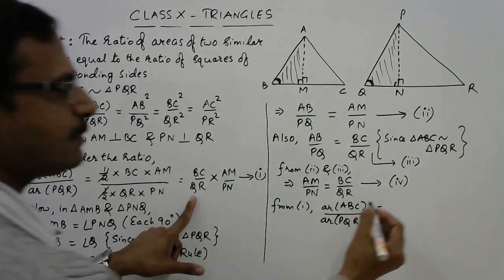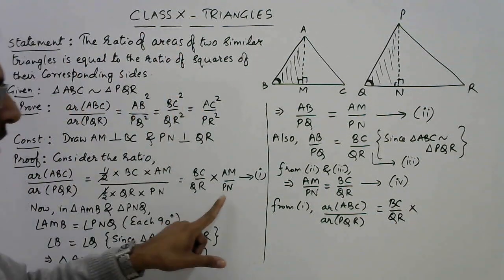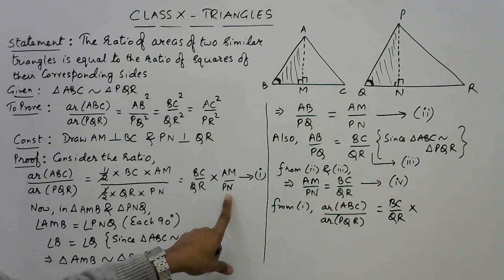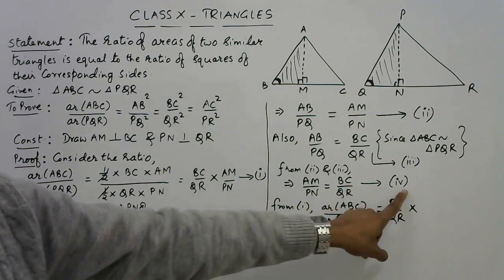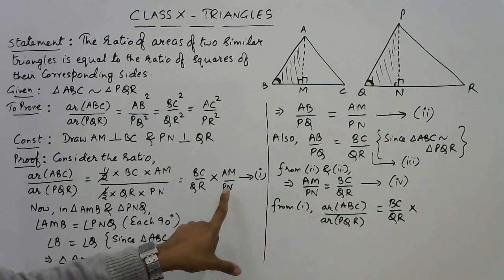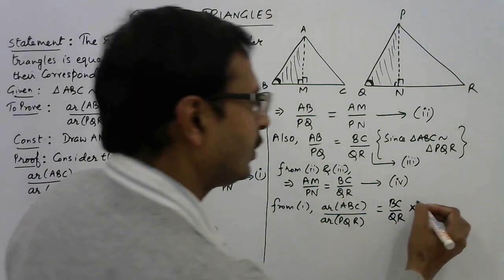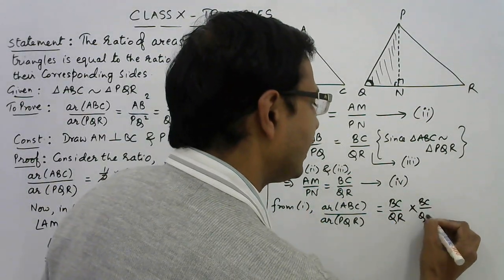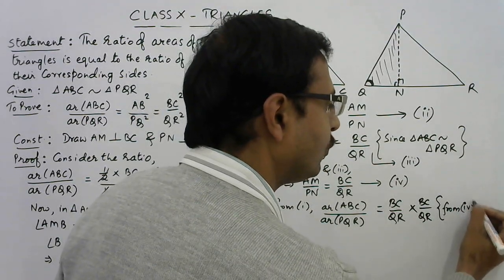So I will write this BC upon QR as it is into this AM upon PN will be replaced by BC upon QR. Why? Because we have proved in equation 4 that AM upon PN is equal to BC upon QR. So I am replacing this AM upon PN by BC upon QR, and you need to write this has been obtained from equation number 4.